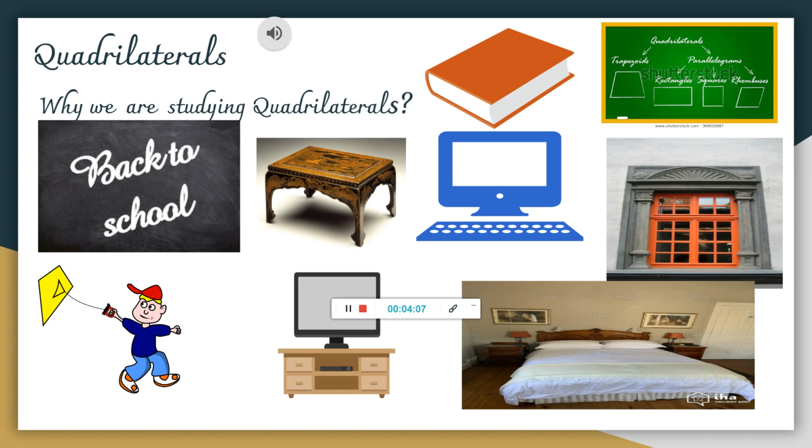Similarly, if you have a field, which is again in the shape of a quadrilateral, and I ask how much wire you need to fence that field, for that you again need to know the total boundary of that field, right? So, to make such calculations or to take all these decisions, we need to have a detailed idea about what quadrilaterals are, right?